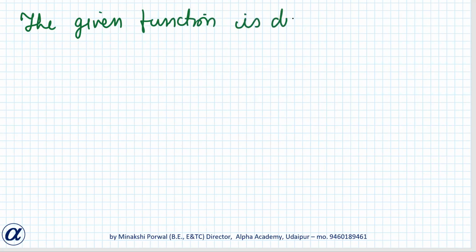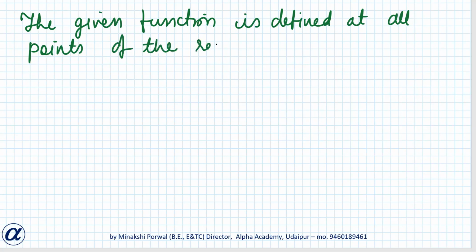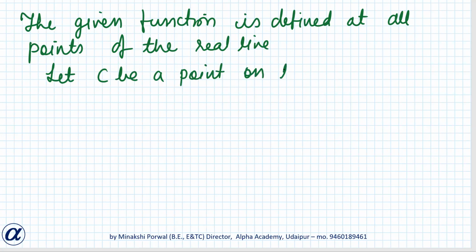The function is defined at all points of the real line. Okay. Let c be a point on the real line. Okay. Here we'll not take different cases because the value is remaining the same. Okay.